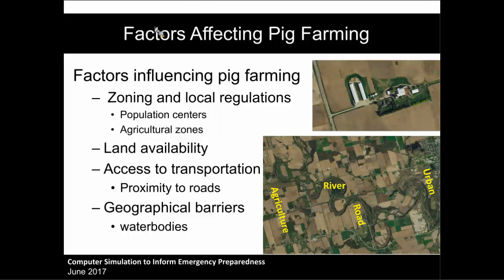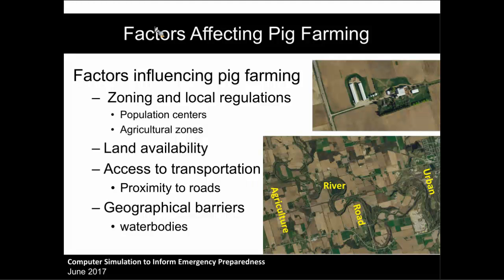What are the factors that support a farm within the province of Ontario? There were a couple of them. It could be zoning and local regulations. The farms need to be away from population centers, the urban places, and they should be within the agricultural zone. Then there is availability of land, as it should not be on government lands or recreational spots. The farms need to have access to transportation, and there could be geographical barriers like rivers.